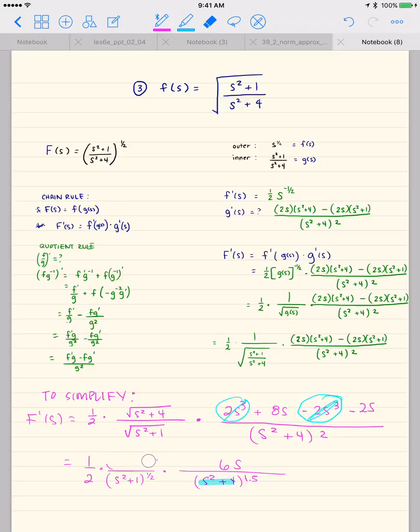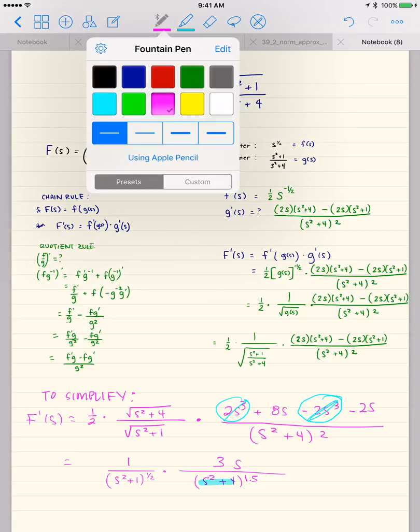And then erase this, make that a 1. And now instead of 6s over 2, we can do some canceling here with this 6s and this 2, and we can just have this be 3s. Okay, 3s, and then eliminate this.